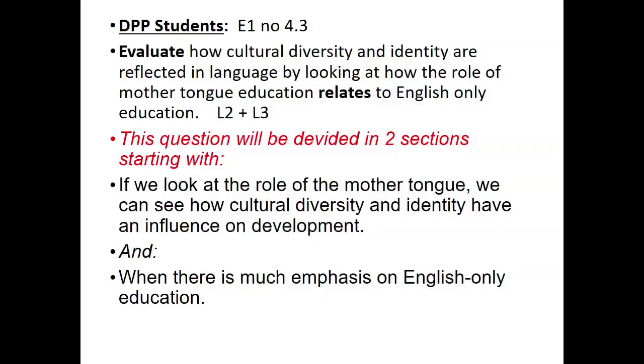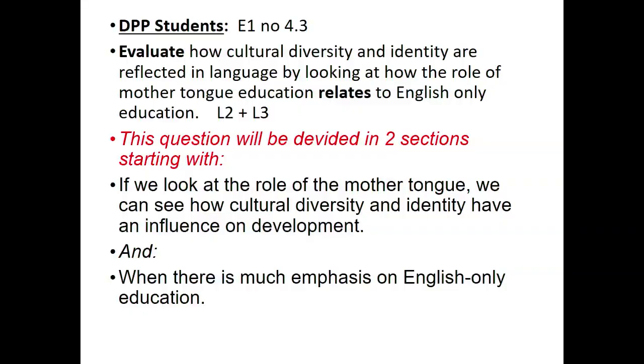Or, DPP students, Unit 1, number 4.3, evaluate how cultural diversity and identity are reflected in the language by looking at how the role of the mother tongue education relates to English-only education.